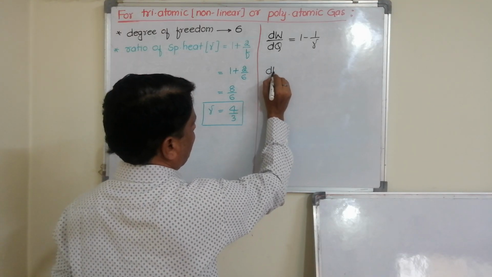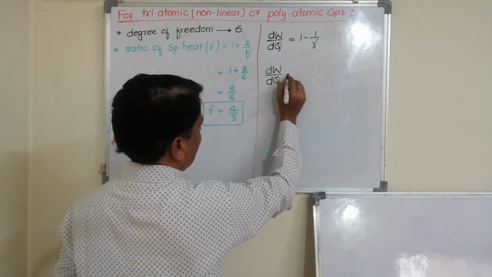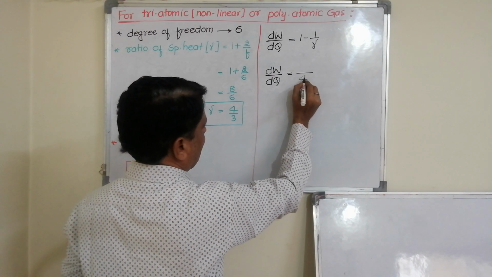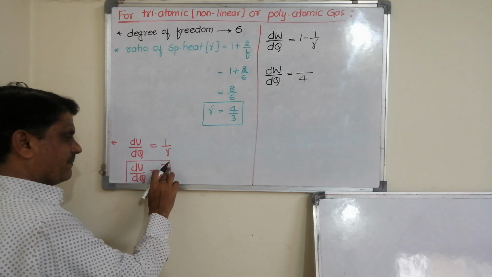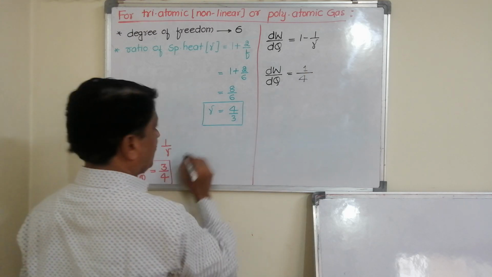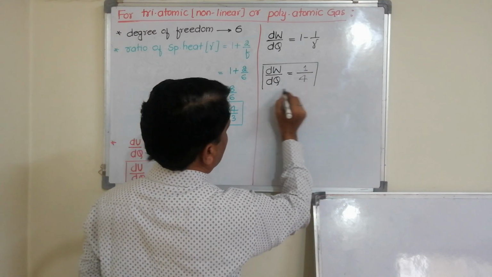Or otherwise I said how to write directly also. Denominator should be same as 4 and sum of numerators must be equal to denominator. It is 3. If it is 1, then 1 plus 3 is equal to 4. So this is the way.